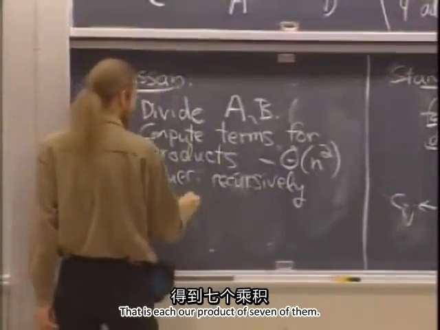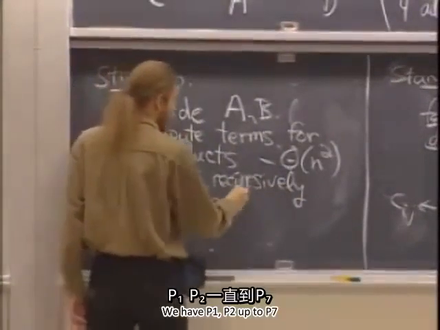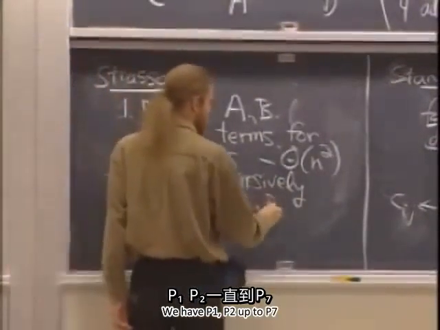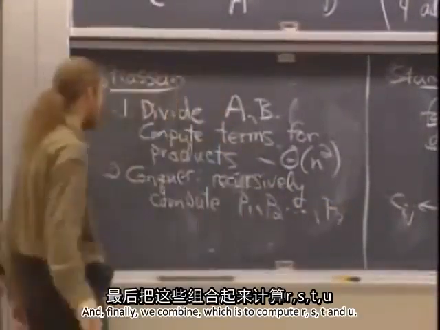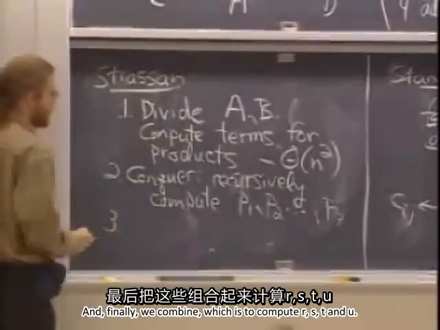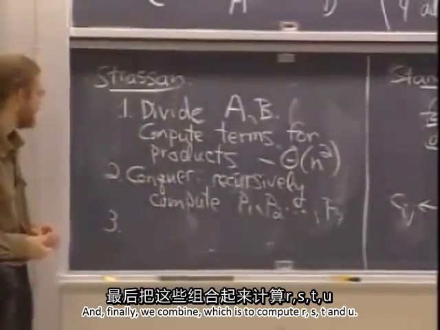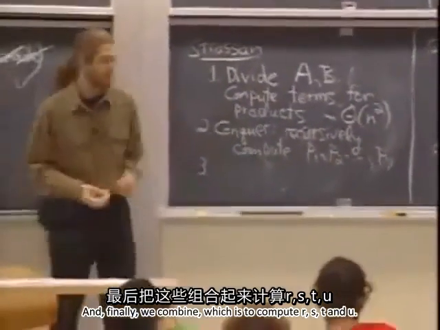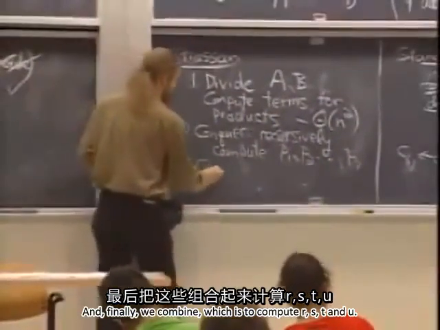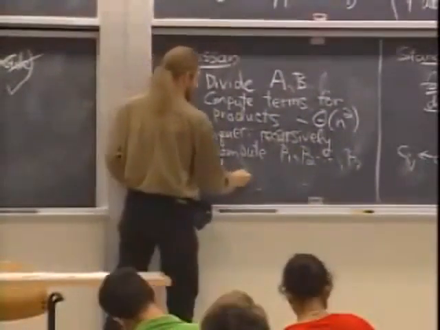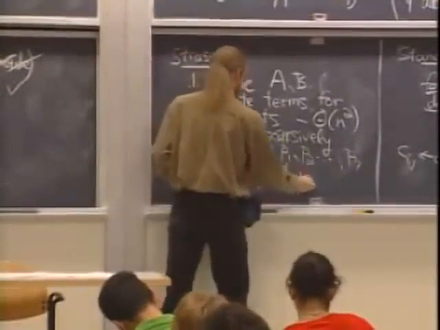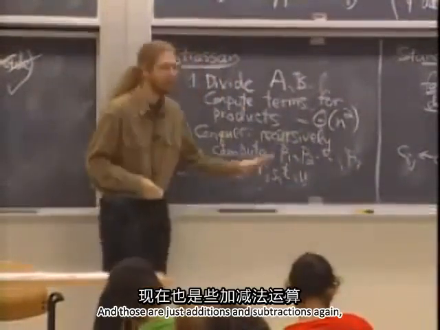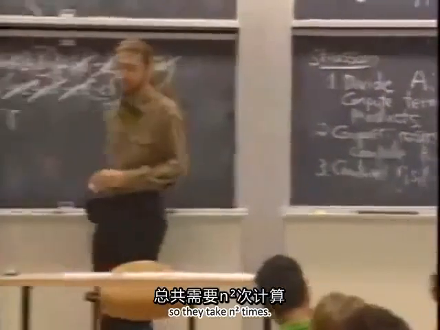So that's each a product. There's 7 of them. So we have P1, P2, up to P7. And finally, we combine, which is to compute R, S, T, and U. And those are just additions and subtractions again, so they take n squared time.